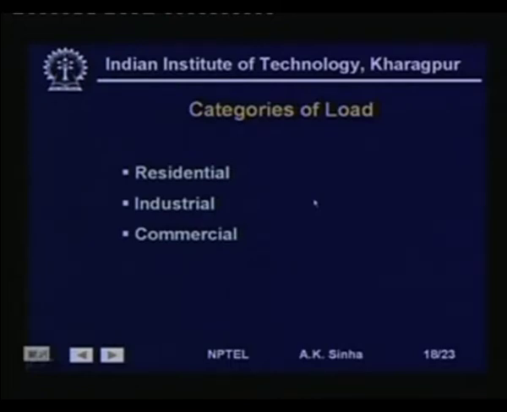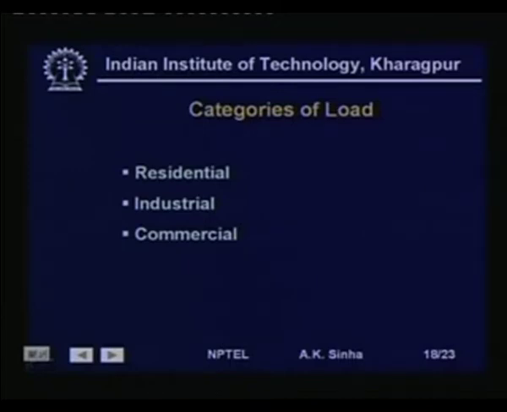Next, we will talk about the different categories of load. In fact, as we said earlier, at a substation we have a large number of loads which are connected. Now, these loads can be categorized as loads in residential buildings, loads in industrial sector or in different industries, and loads in commercial and business establishments. These loads in these different establishments have different breakups and different characteristics.